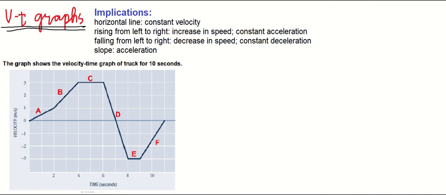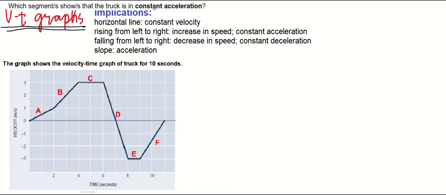Since we've already established that the slope of a VT graph represents the quantity acceleration, it will be easier for us to answer the questions related to this graph. So we have here the motion of a truck for 10 seconds in terms of velocity and time.